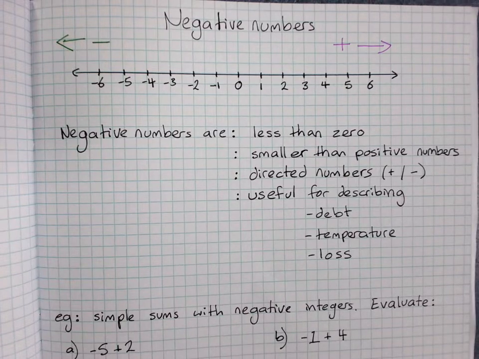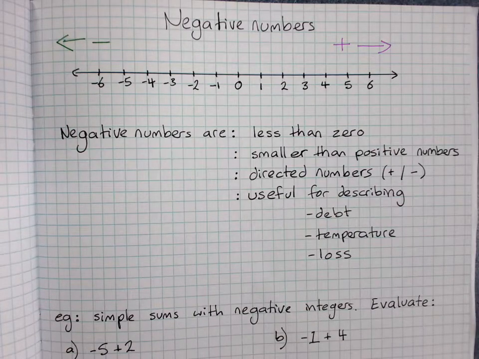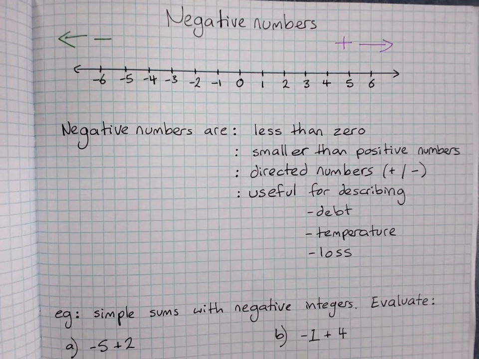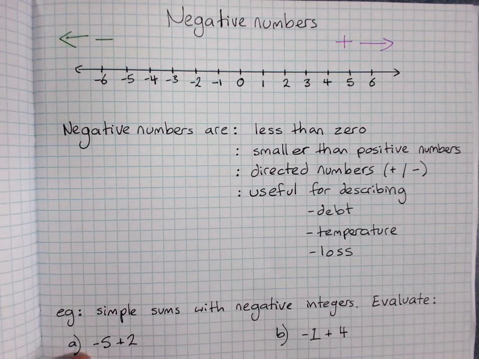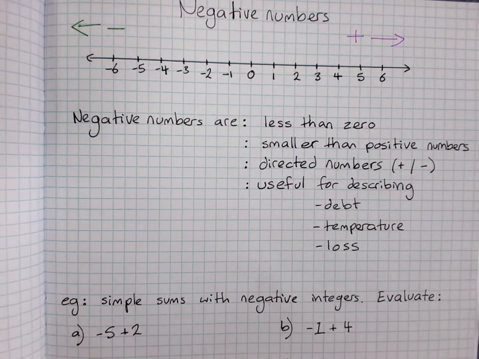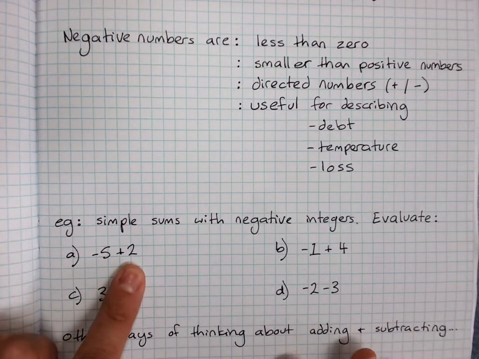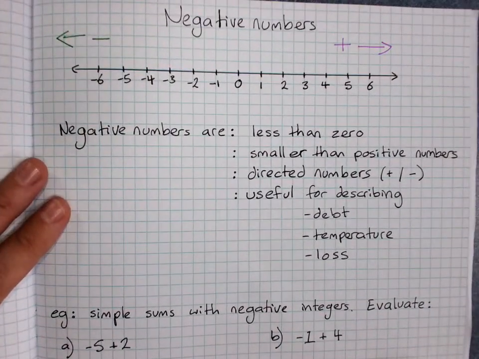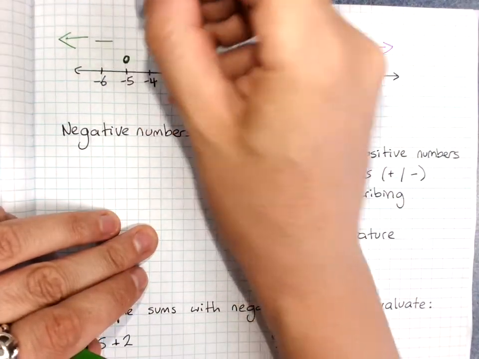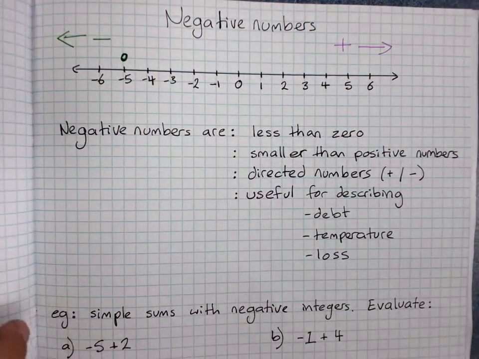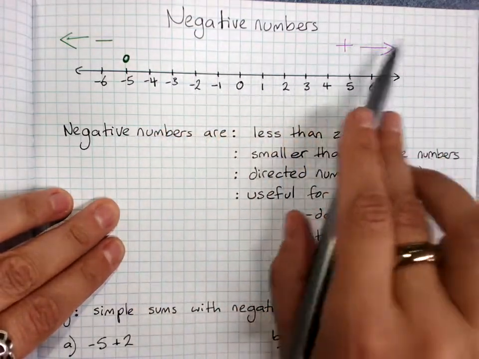Now when we do our simple sums with negative numbers, we're going to keep it pretty focused on the number line. There are other ways of thinking about negative numbers, and I'll talk about those as well. But when we have a sum like negative 5 plus 2, what's happening on the number line is that we're starting at negative 5 and we're going up, so plus, gaining towards the positive side, the right.